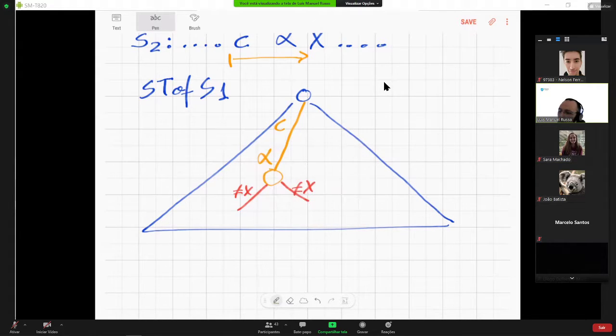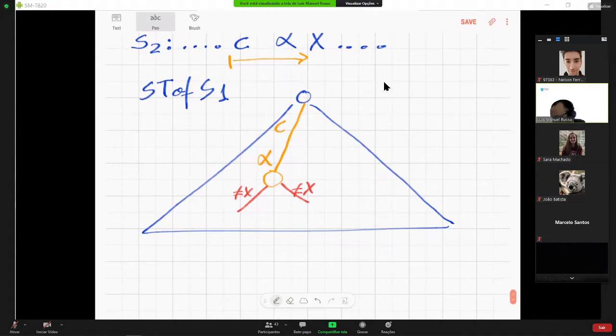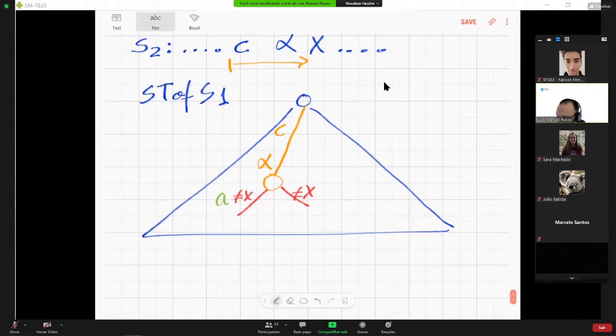I don't know how many children this node has, but it needs to have at least 2, right? So what our restarting algorithm is doing is the following.